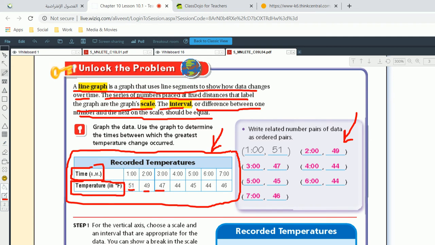We have some numbers, and we have here the time of each temperature, and we are going to use these numbers to form our ordered pairs.